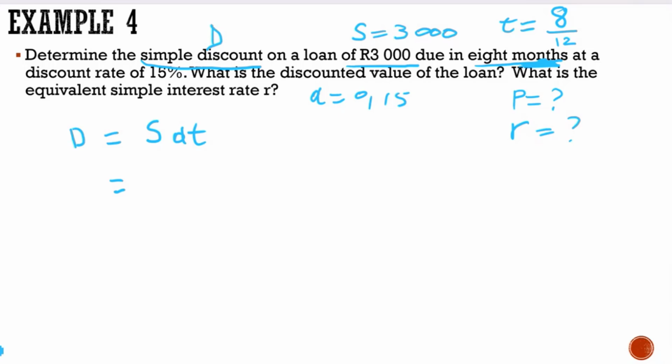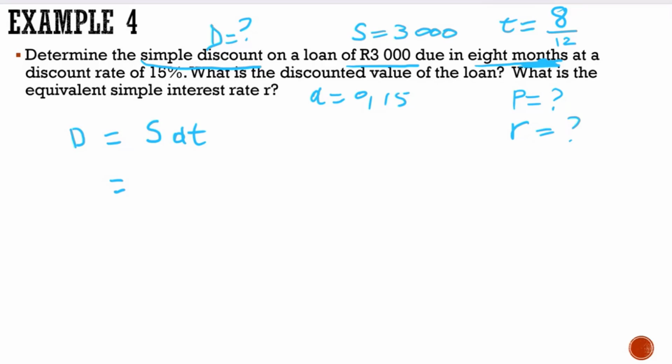There are three things that you're asked to calculate. I've broken it down. You're asked to calculate the simple discount. You're asked to calculate the discounted value, which is your present value. You are also asked to calculate the equivalent interest rate.